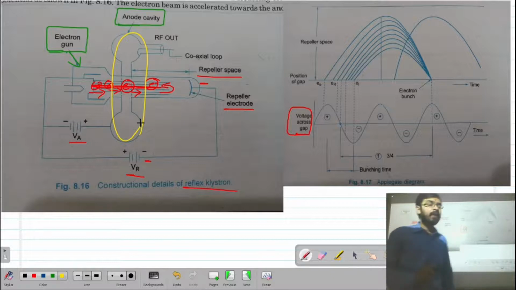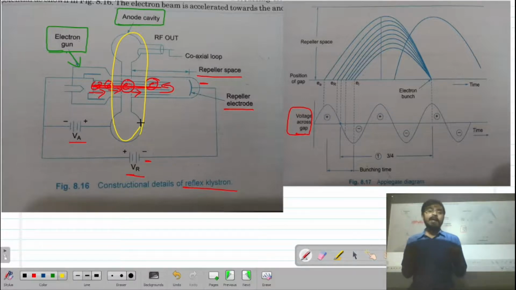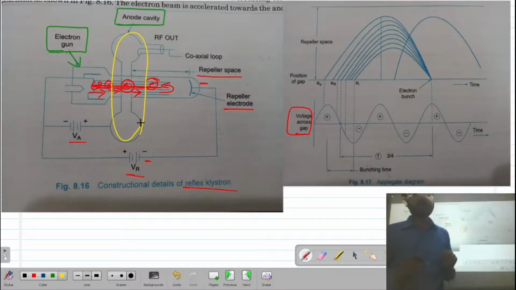Remember again, this is an oscillator. We are not providing any RF input. From where is the signal generated? Each and every system will have an electronic disturbance, that is noise, very small.